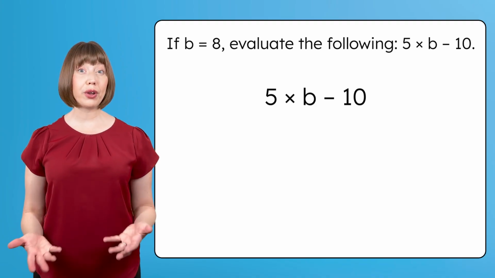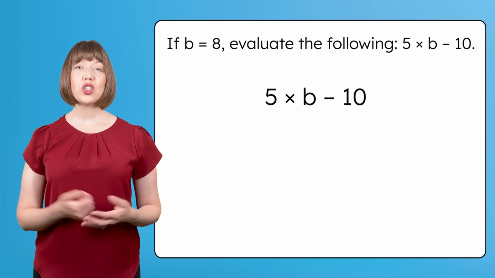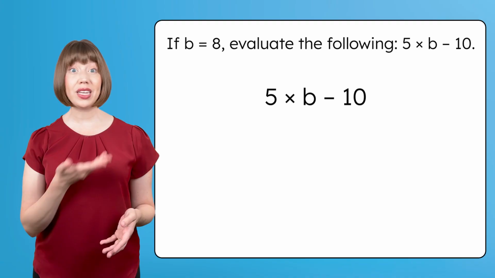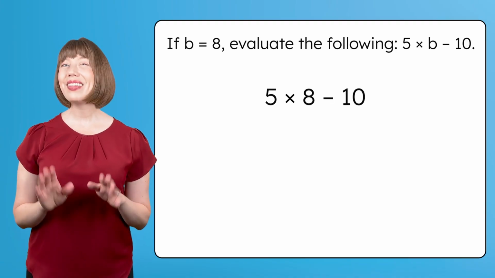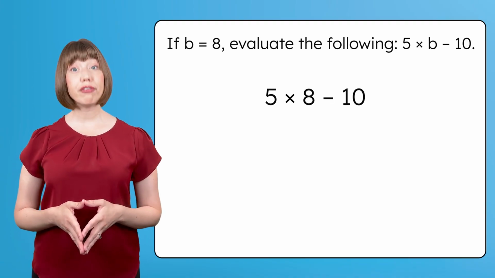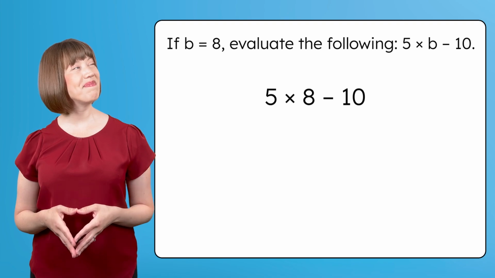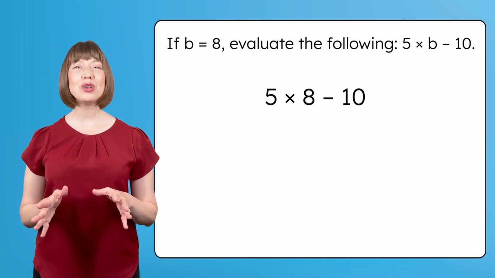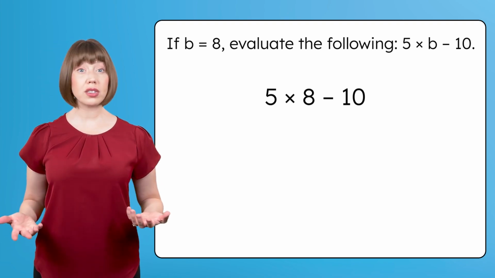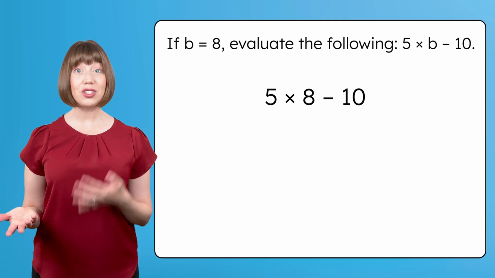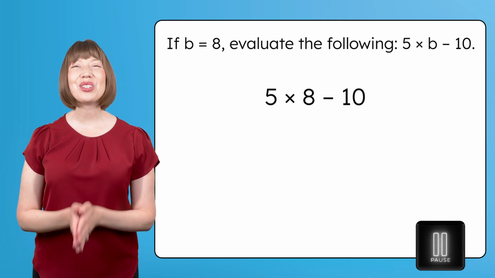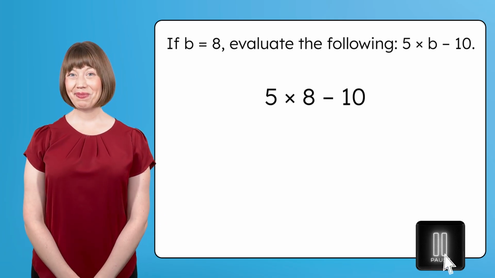The value of the variable b is 8, so we will substitute 8 into the expression where b was. This now makes the expression 5 times 8 minus 10. Now to evaluate. We'll just carry out the operations from left to right. Pause here and try this on your own.